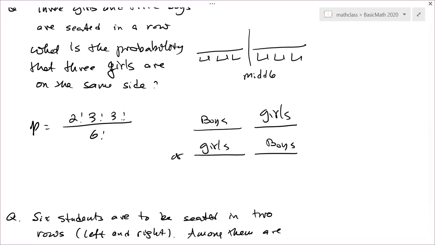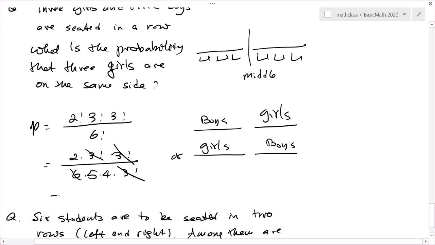So the total will be this. Then you simplify it. It's 2 times 3 factorial times 3 factorial over 6, which is 6 times 5 times 4 times 3 factorial. So 3 factorial cancels out, and 3 factorial and 6 cancel out, and that's why you get 1/10. All right, finally, 1/10.